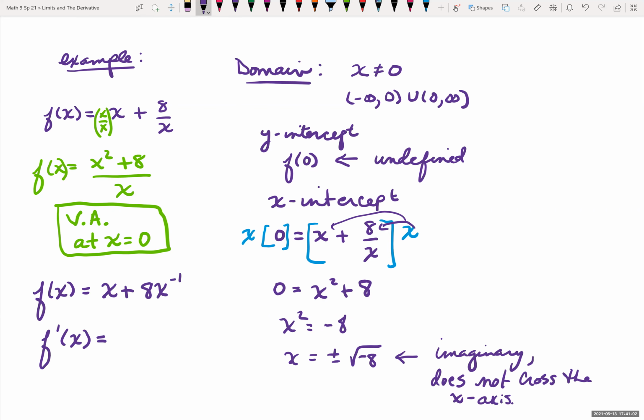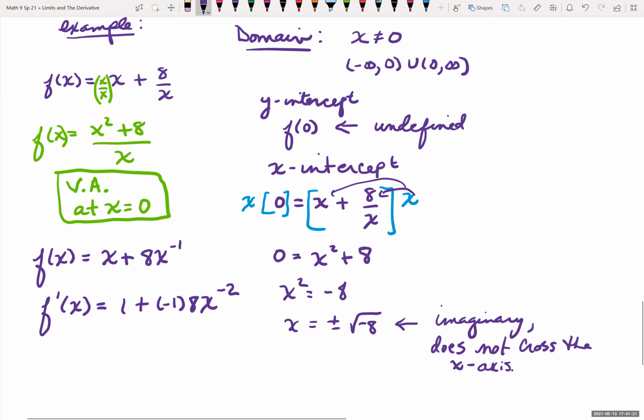The derivative of x is 1, plus the derivative of 8x to the -1 is -1 times 8x to the -2 power. So our derivative, if you want to rewrite it, is 1 minus 8 over x squared.